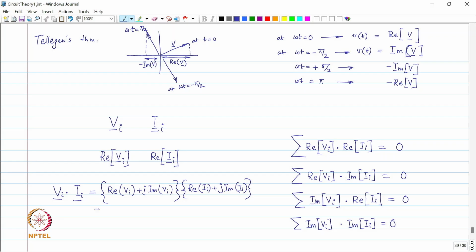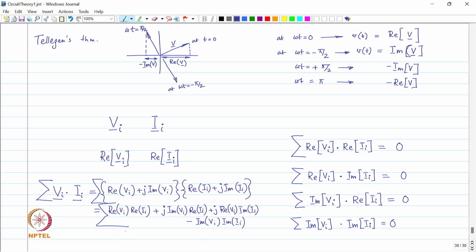Right. So, that is equal to real times real plus j times imaginary V I times real I plus j times real V I imaginary I minus imaginary V I times imaginary I. And if I do the sigma of this over all the components, all the branches, then it is the sigma of all of these, and that is therefore going to be equal to 0, because each of these terms is individually equal to 0.